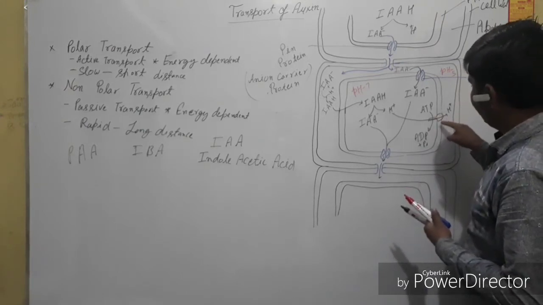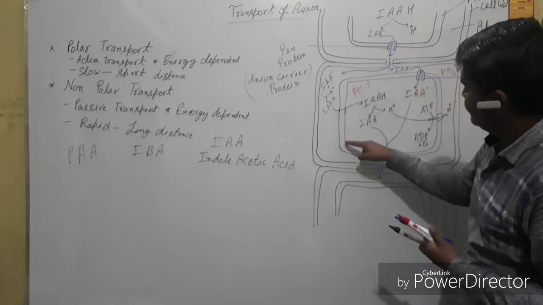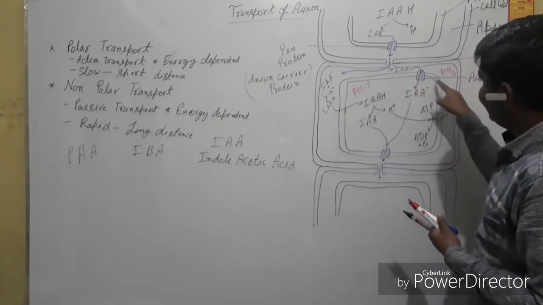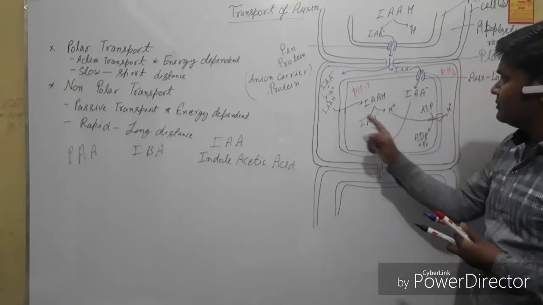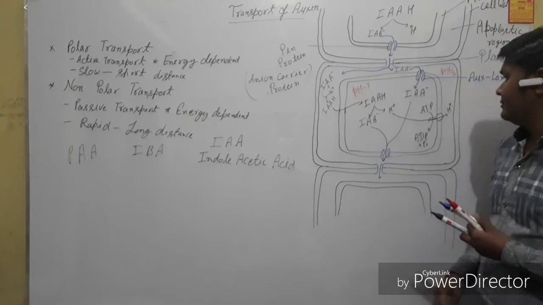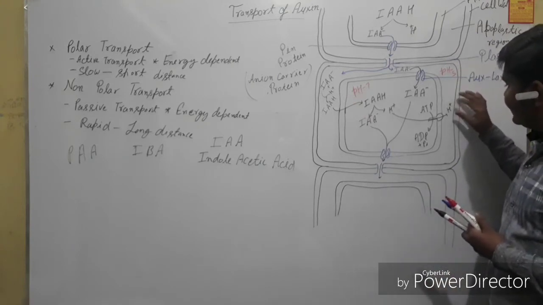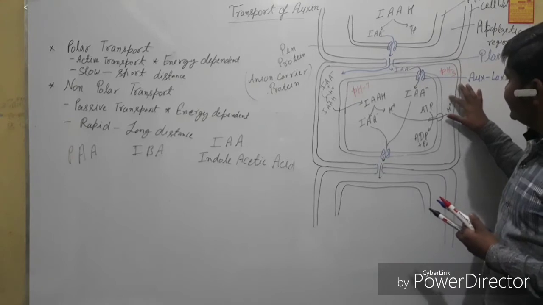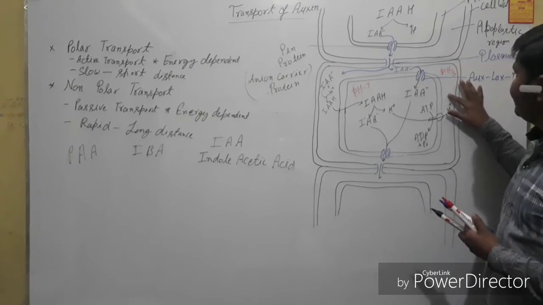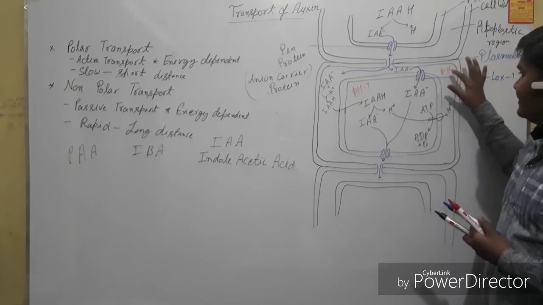This type of hydrogen ion pump is present in all the regions of the plasma membrane. Okay, then the hydrogen ion concentration increases in this apoplastic region, then the pH is reduced like this.